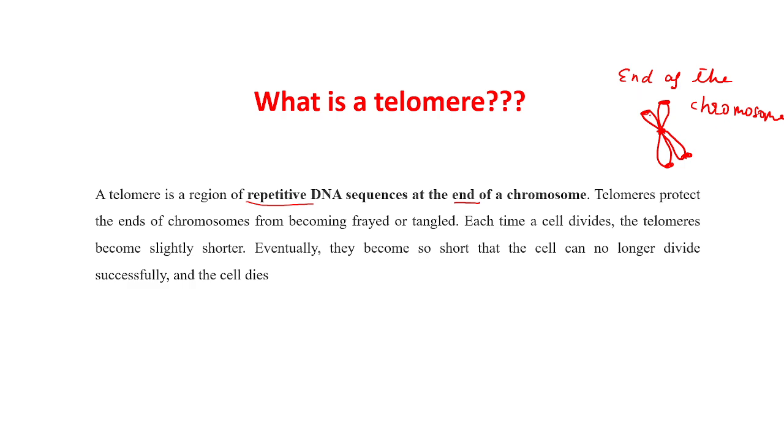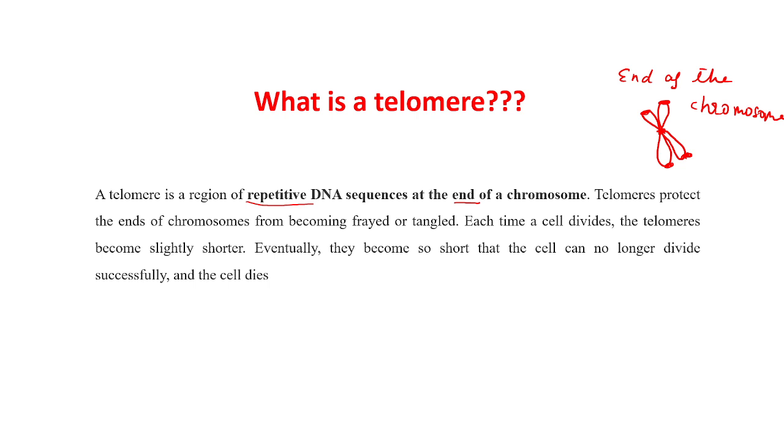Just imagine if there were no telomeres, then what would have happened? Then, instead of the telomeres getting shortened, your important genetic material would get shortened with each round of cell division. But it doesn't happen because to protect the genetic material, we have telomeres at the end. And when the telomeres become so short that with another round of replication there is a possibility of losing our genetic material, at that time the cell can no longer divide and then the cell dies.